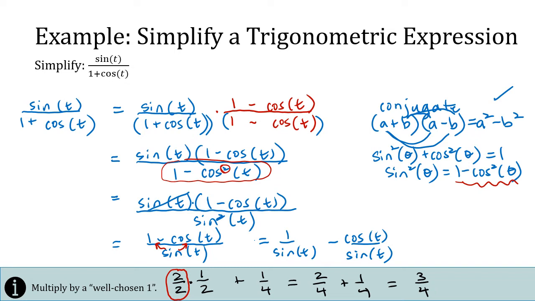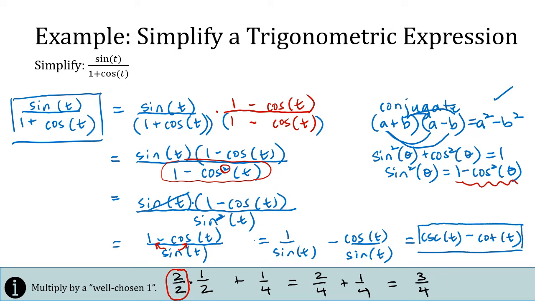That allows me to do my final simplification, because I know that 1 over the sine of t is equal to the cosecant of t, and I know that cosine over sine is cotangent. And so I started with the sine of t over the quantity 1 plus the cosine of t, and I can now say that that is equal to the cosecant of t minus the cotangent of t.